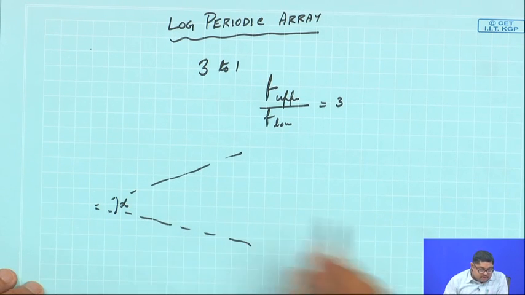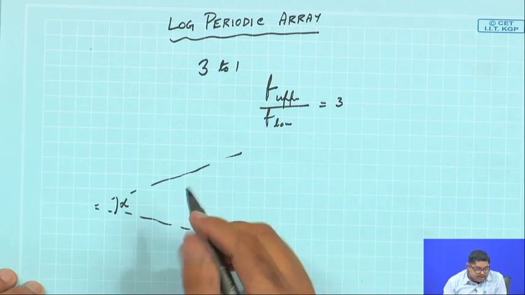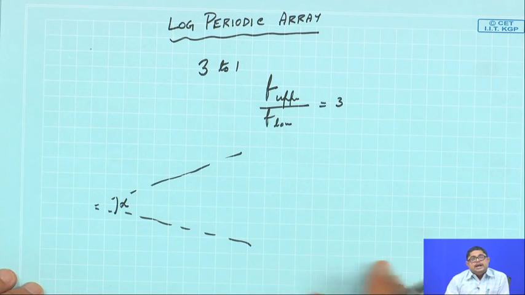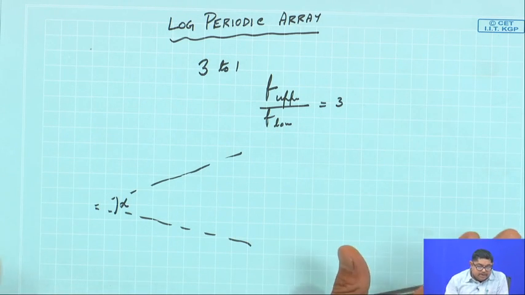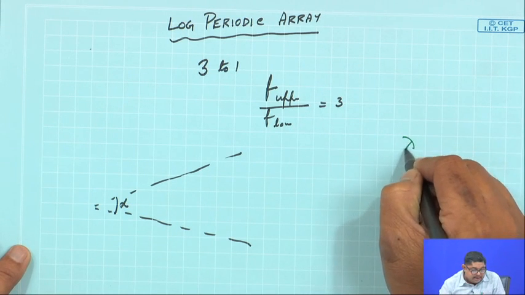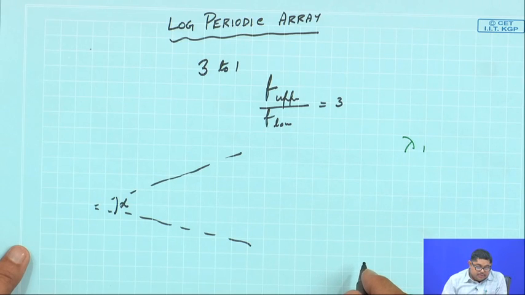His point was, suppose an antenna operates satisfactorily at a wavelength lambda 1.